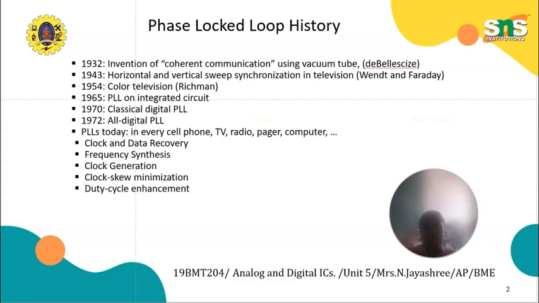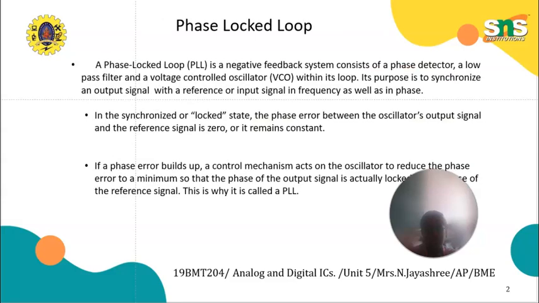In 1970, classical digital PLL. In 1972, all digital PLL. PLLs today are in every cell phone, TV, radio, pager, computer, clock and data recovery, frequency synthesis, clock generation, clock jitter minimization and duty cycle enhancement.